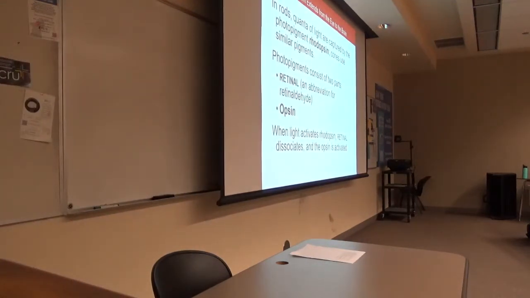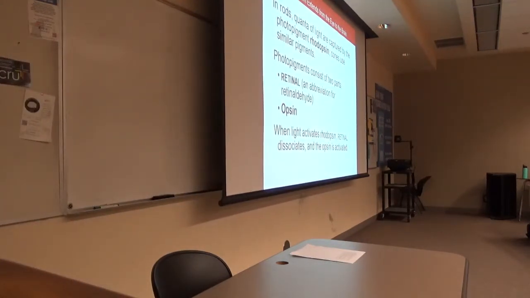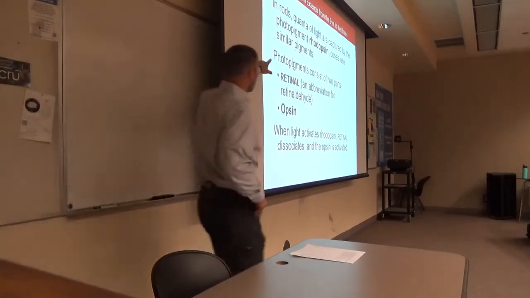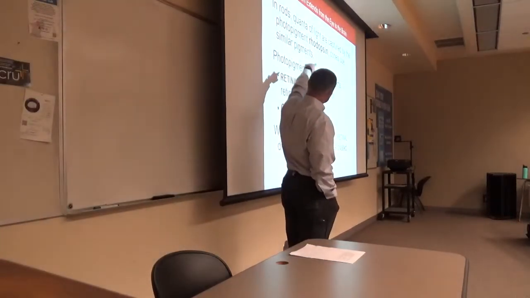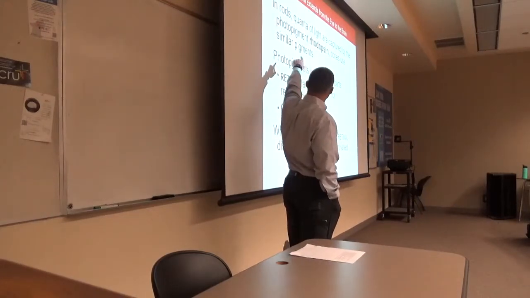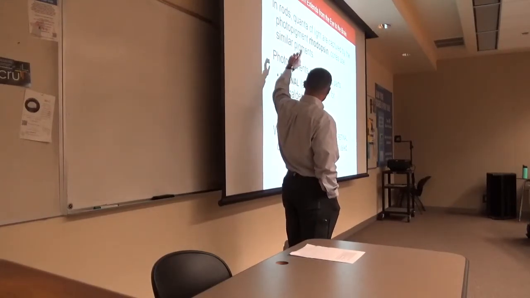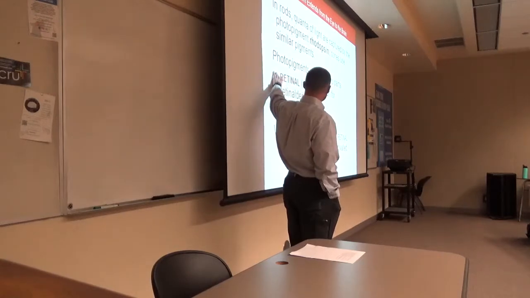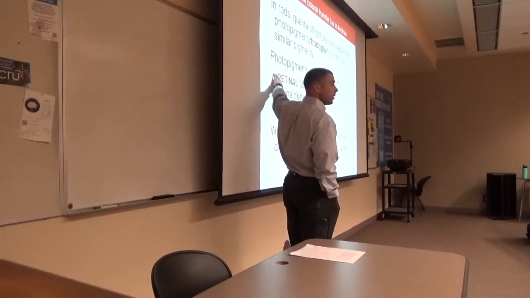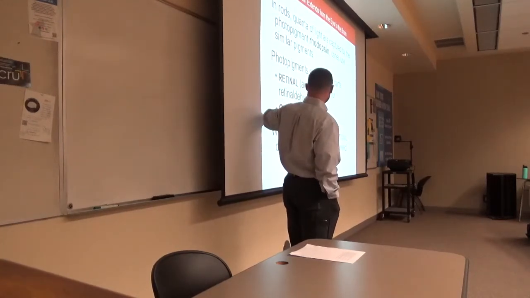So, as we talked about in our last lecture, we have these things called opsins, these proteins. So it's part of these photopigments, particularly something called rhodopsin, okay? So that's particularly useful for detecting light, okay? And the idea is that it's going to contain two things. One, this thing called retinol, which is a chemical, and this thing called an opsin.